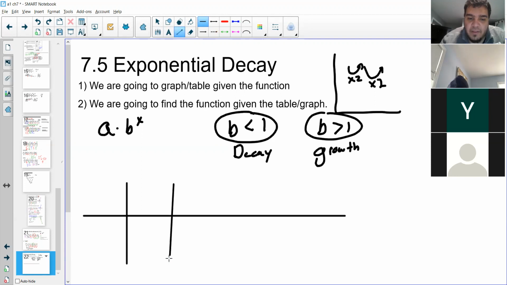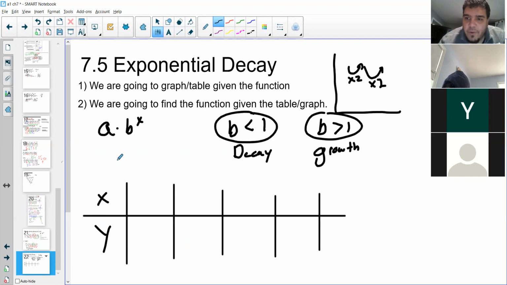So we're going to do a very basic one, actually two basic ones. Then I'll give you one to do. And then we'll swap to the other side, where I give you the table and then we find the exponent or the function.